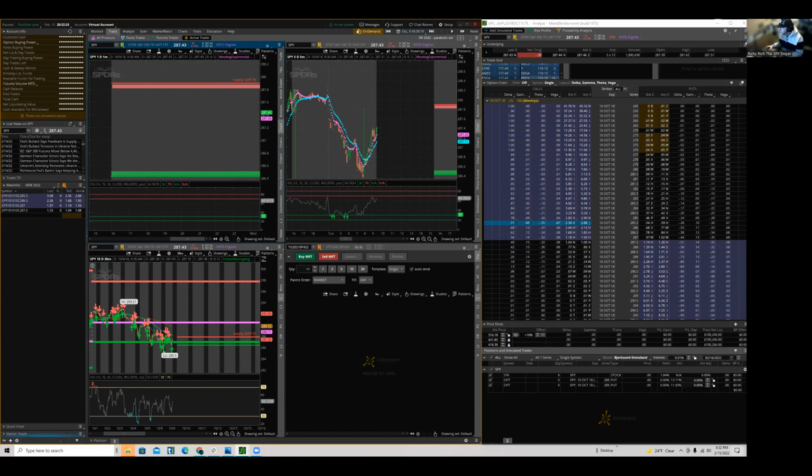At what time do you stop using the same expiration? You shouldn't be holding a bag, guys, if you're scalping. If you're scalp trading and we're playing the same day expiration, you're not supposed to hold that. Understand that, because time decay is so much faster on the same day expiration.